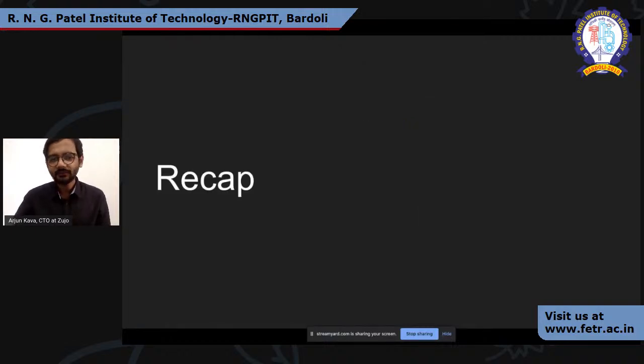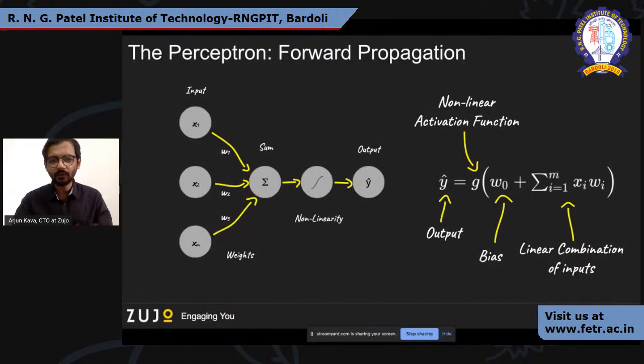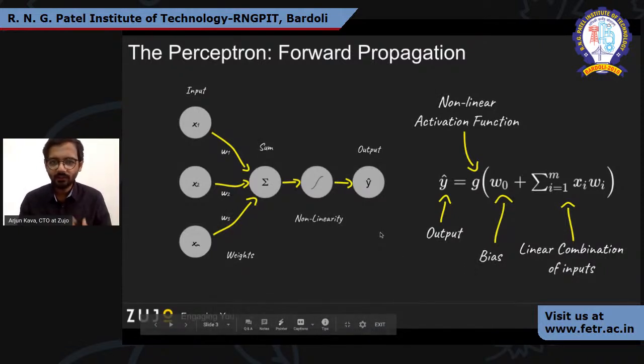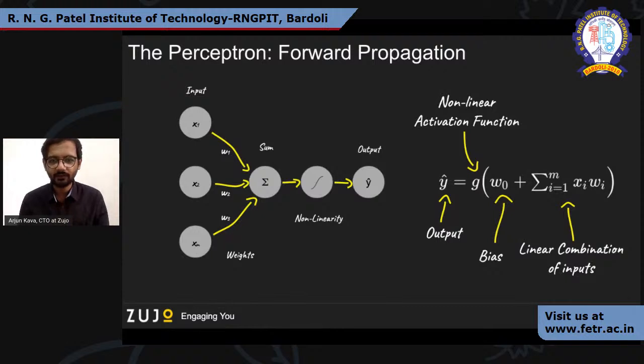Let's first start with the recap, and we'll go through some of the slides we learned yesterday. First of all, the basic perceptron. We went through perceptron forward propagation yesterday, which is presented on the screen.